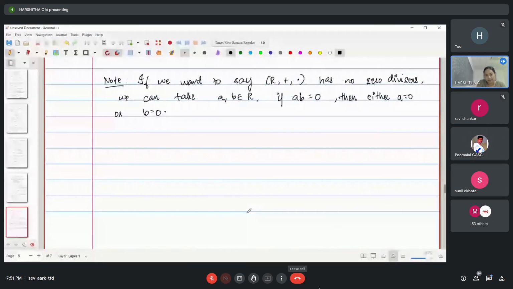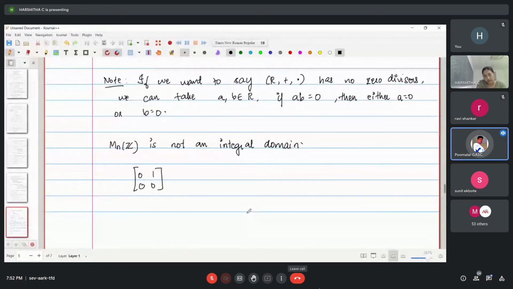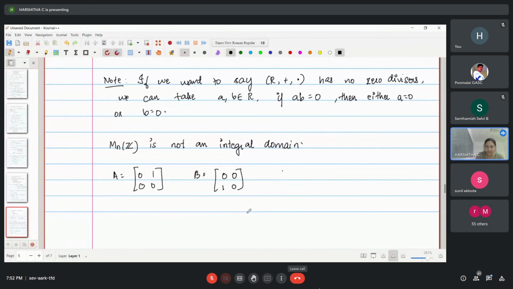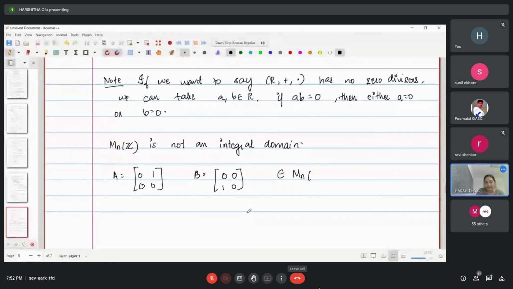So he's saying that MnZ is not an integral domain. Take the matrices 0 1 0 0 and 0 0 1 0. These two are elements of MnZ and A is not equal to 0. Can we change the second matrix?